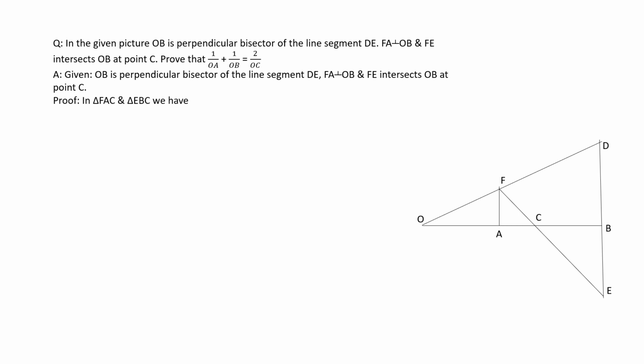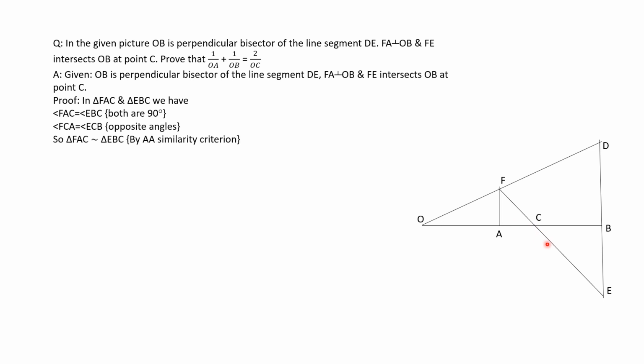Proof. In triangle FAC and triangle EBC, we have angle FAC equal to angle EBC because both are 90 degrees, both are perpendicular. Angle FCA equals angle ECB because these are the opposite angles.